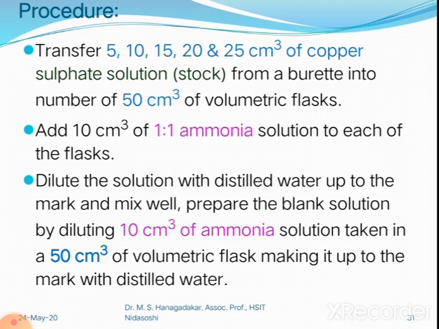Similarly, you have to prepare the blank solution by diluting 10 cm cube of ammonia without adding copper sulfate solution in one more 50 ml volumetric flask and making it up to the mark with the help of distilled water. This blank solution is taken to adjust the instrument for zero optical density or zero absorbance.